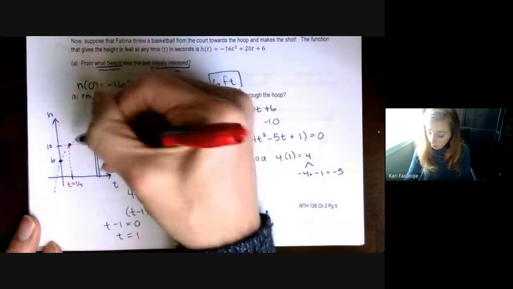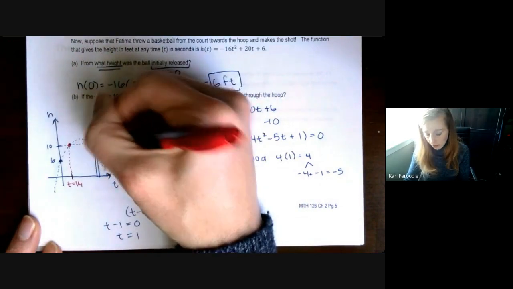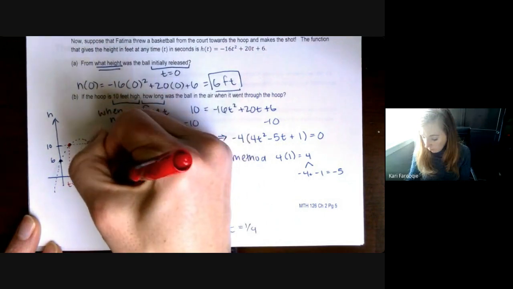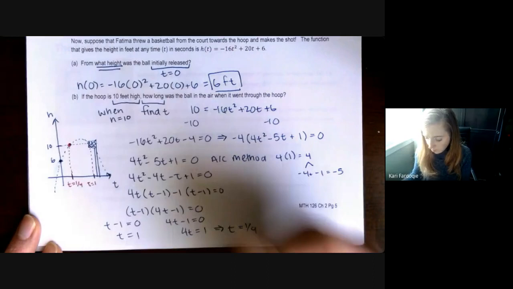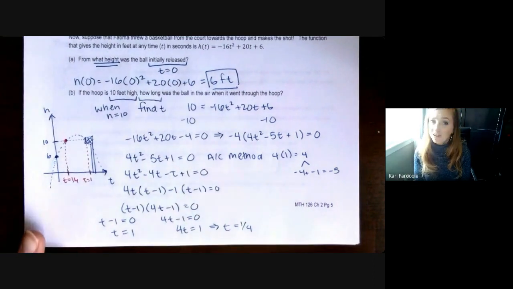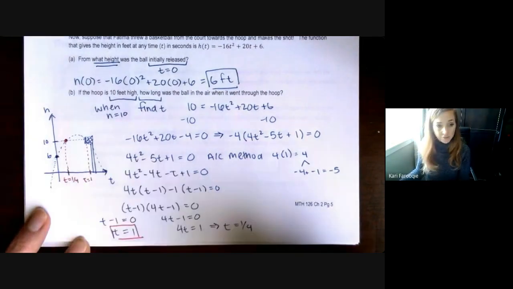And then it's going to go up, it's going to hit its maximum height, and it's going to come down again. And when it goes through the hoop, that's happening when t equals 1.